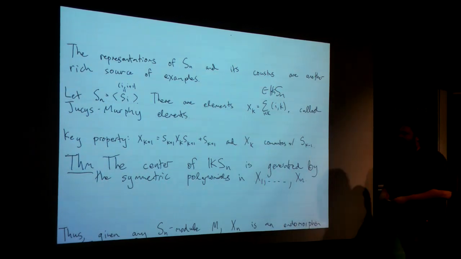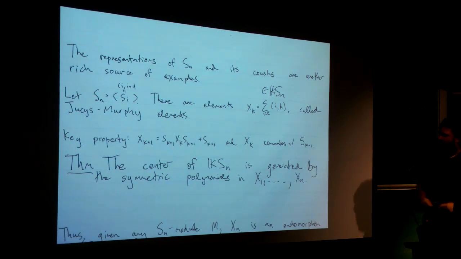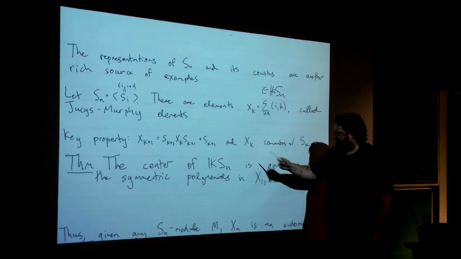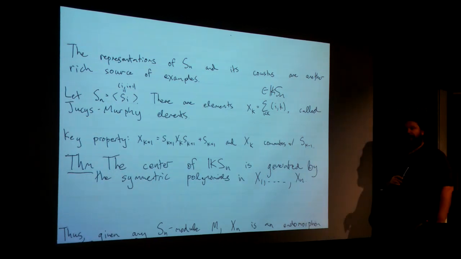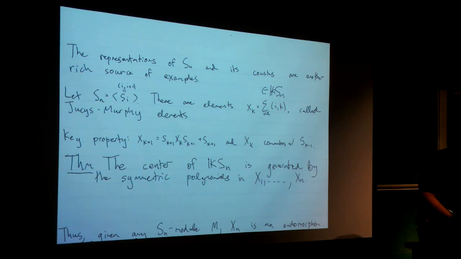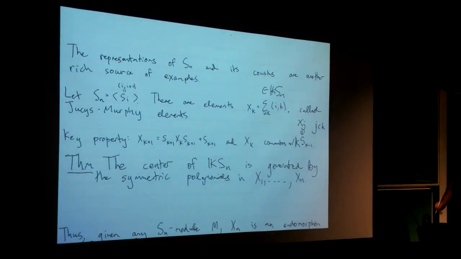I have to add that on to get this relation. And the other interesting property x_k has is that it commutes with s_{k-1}, which means it commutes with x_j for all j less than k.